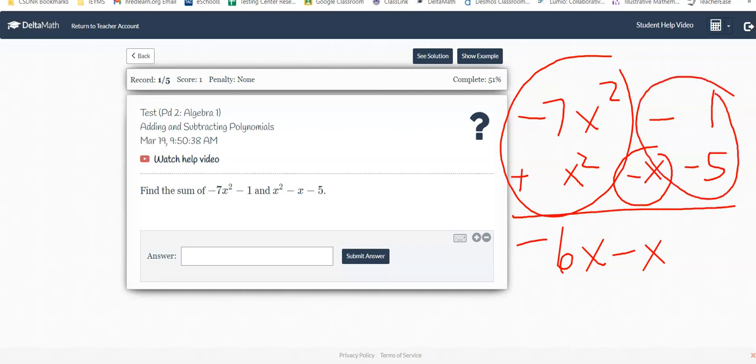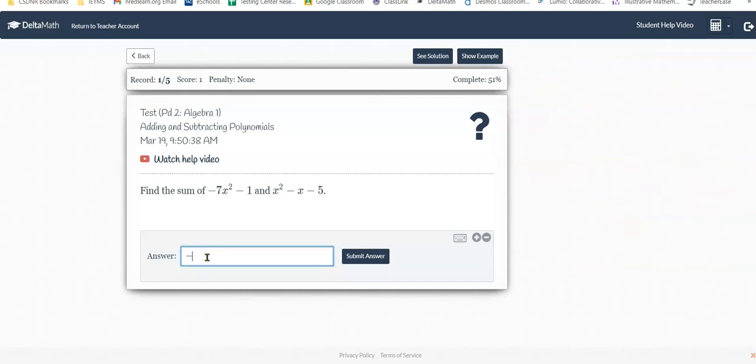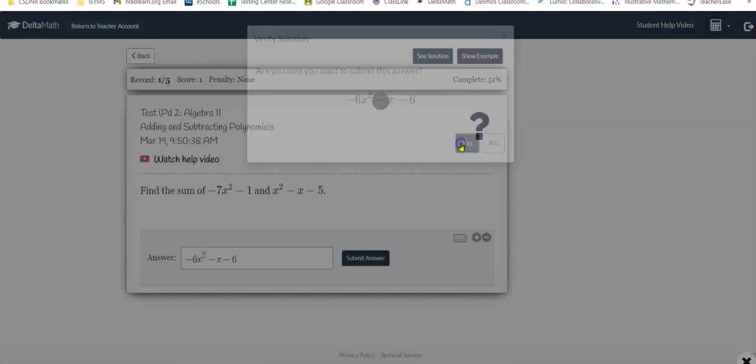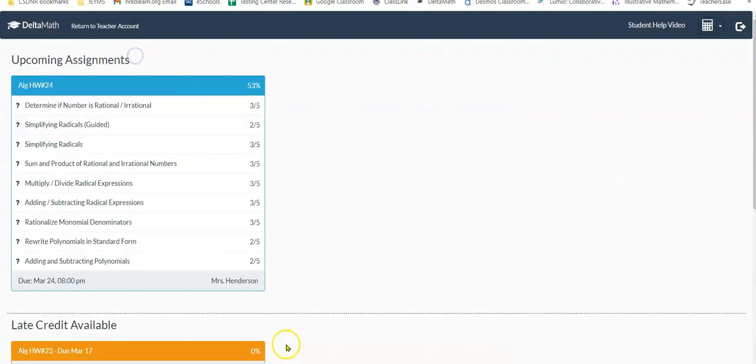And these can go together. There we go. Negative 6x squared minus x minus 6. You can also use this keyboard over here to get exponents. Did I do that right? Yes. All right, that concludes homework number 24.